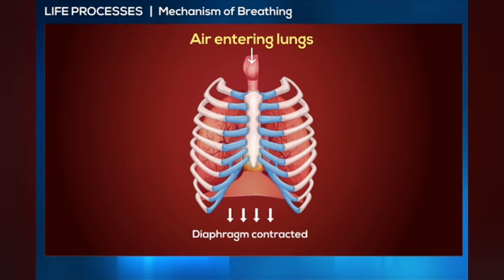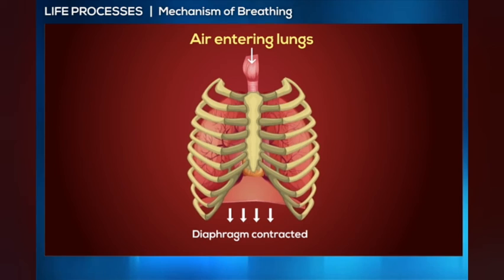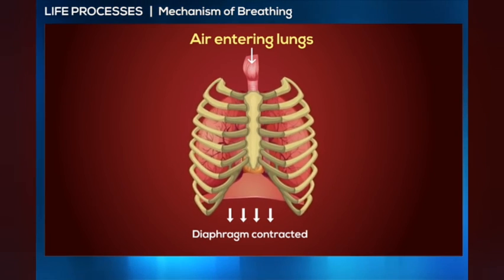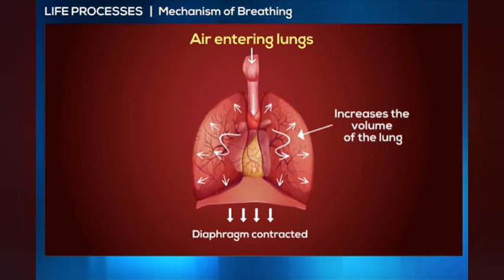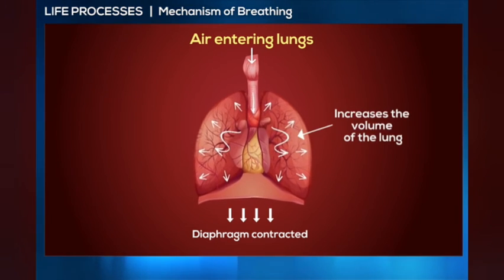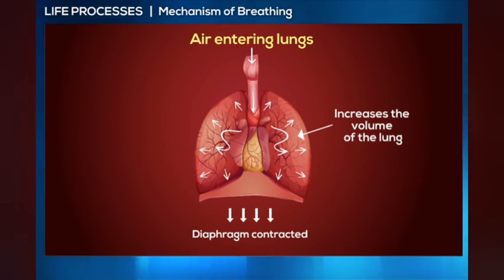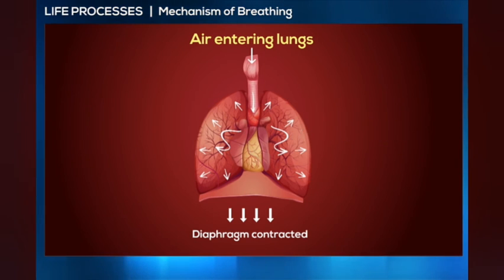The ribs are not sealed bones but a cage-like structure having gaps to provide space to expand. All these increase the volume of the lungs, decreasing its pressure. The decreased pressure draws air inside the lungs. The outside air is at a higher pressure, hence rushes inside the body to equalize the same.